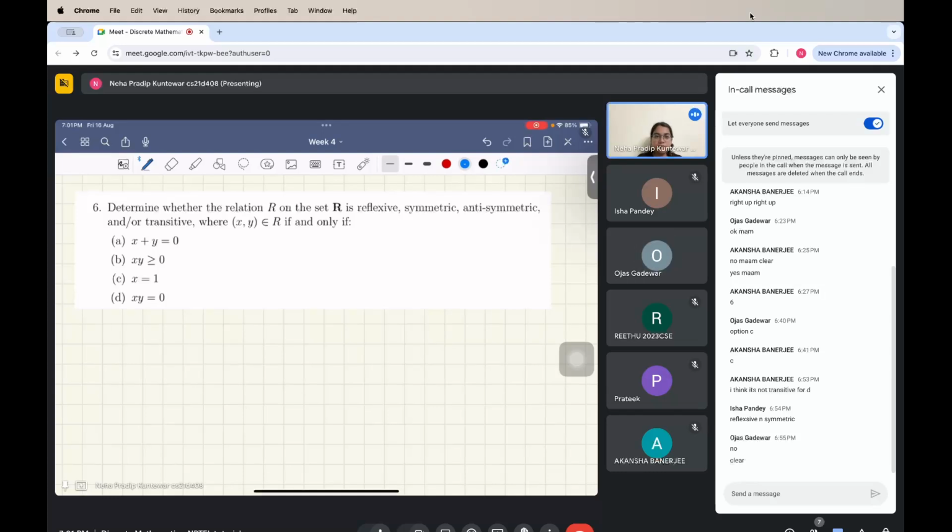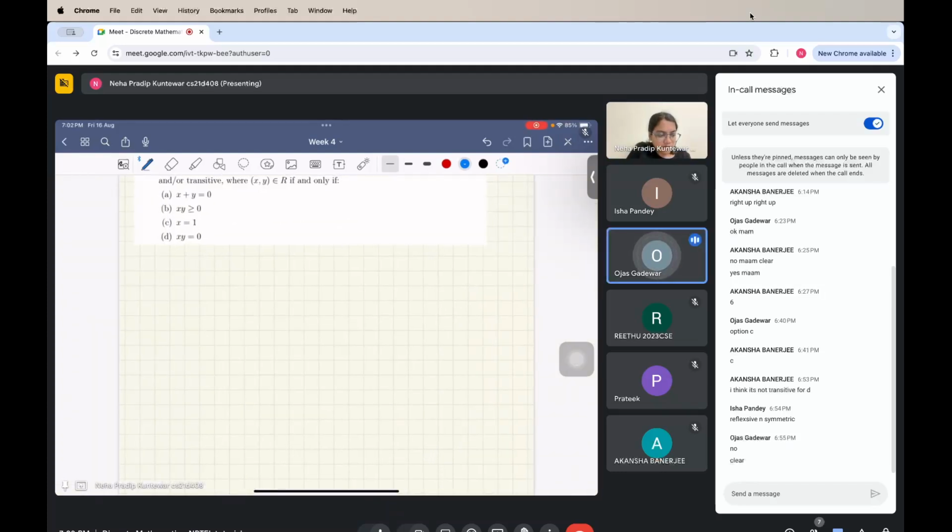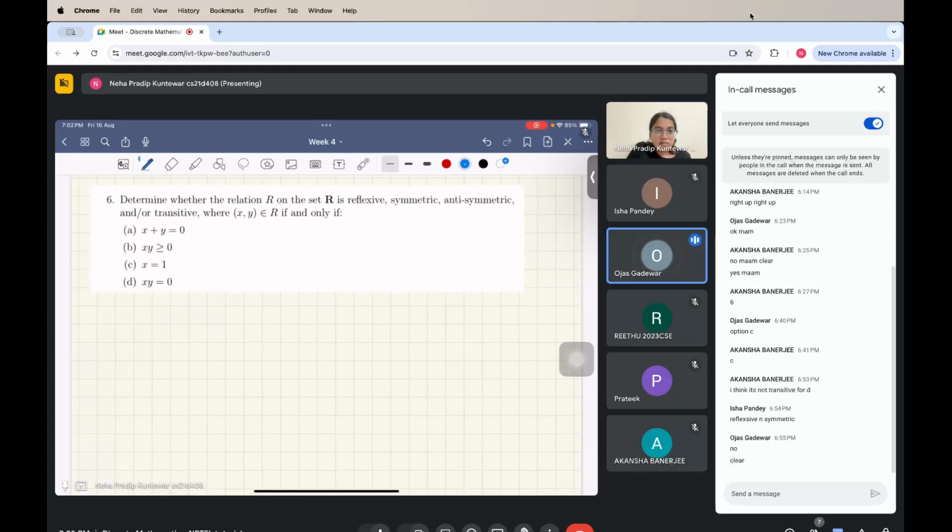Ma'am, can we say a relation is symmetric if only one of the elements has its repetition? No, no. That is a good question. A relation is symmetric only if every element satisfies the property. And can we say a relation is reflexive if one of its elements does repetition?